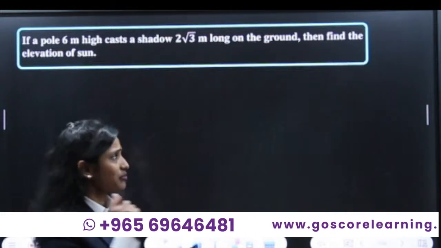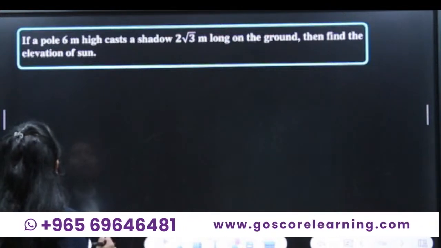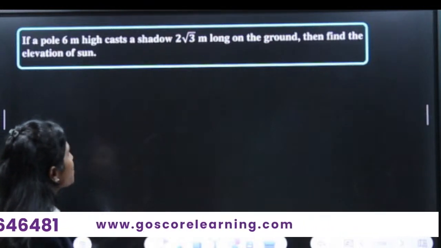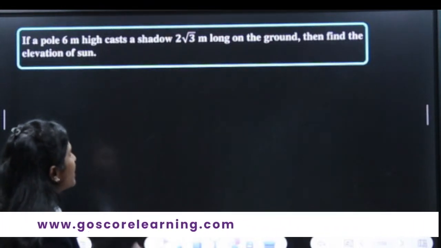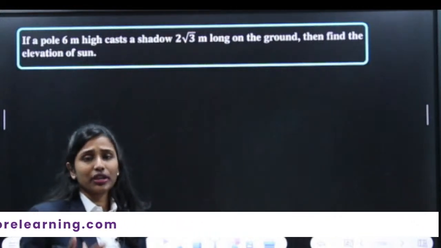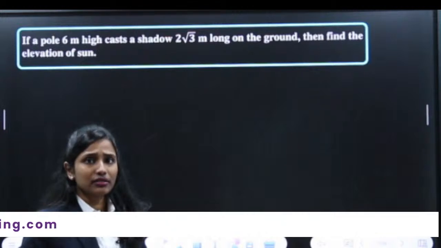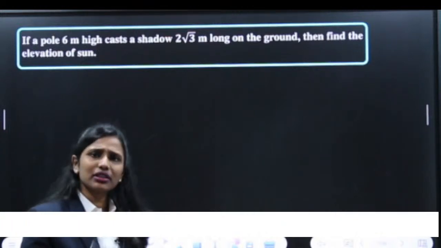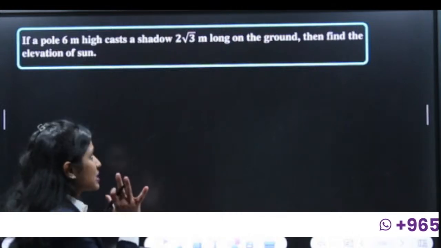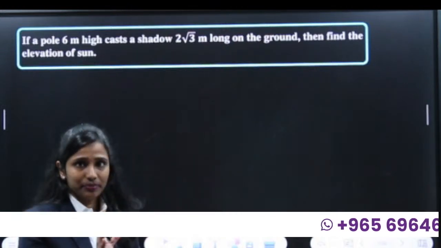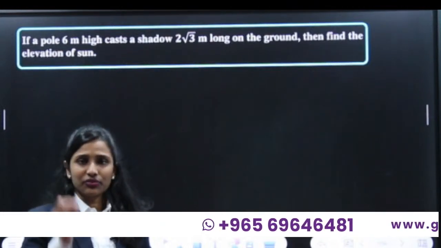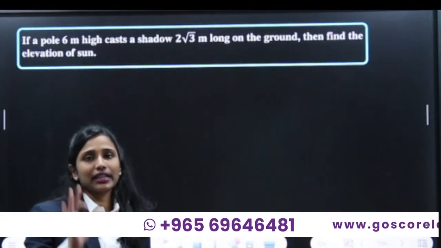Now, the question: if a pole 6 meter high casts a shadow 2 root 3 meter long on the ground, then find the elevation of the sun. How are we going to find the elevation of the sun? Simply by drawing the figure. If you draw the figure, you will get the answer. That is the specialty of this chapter. If the figure is correct, you will get the marks.